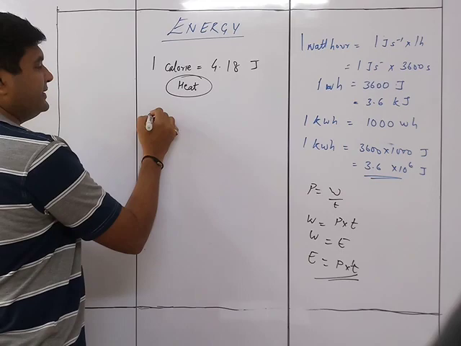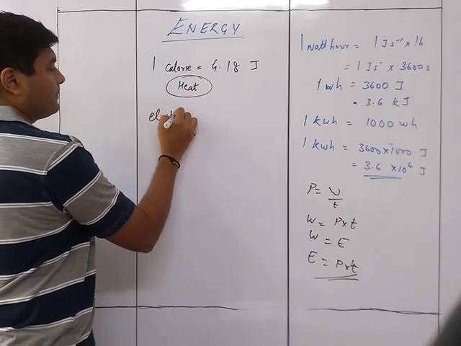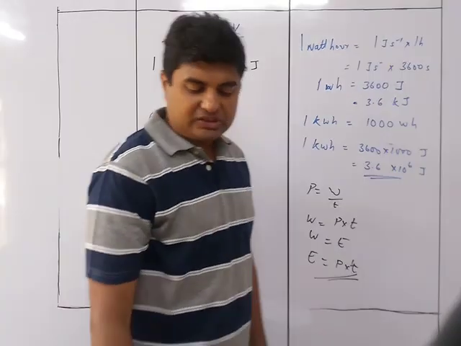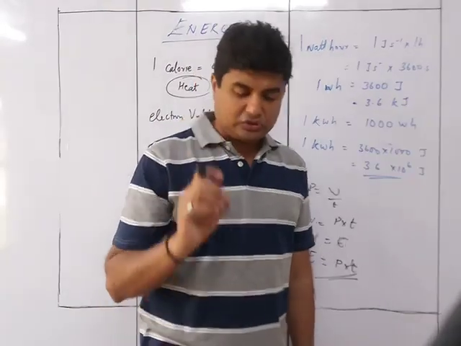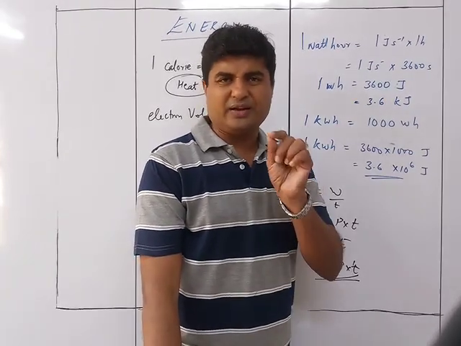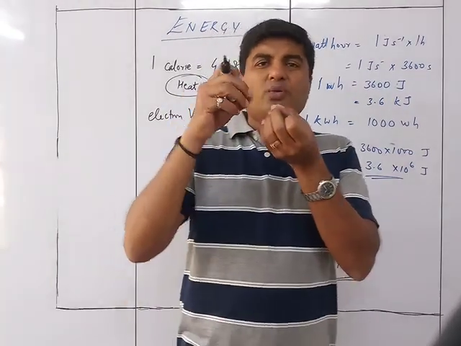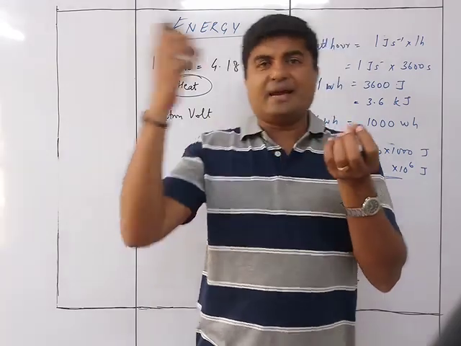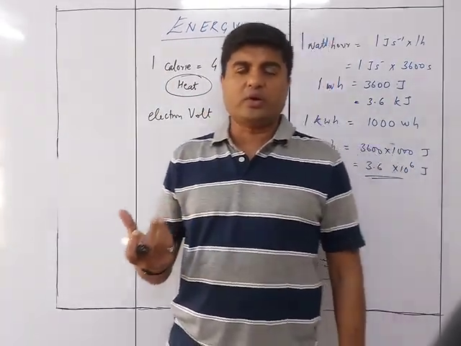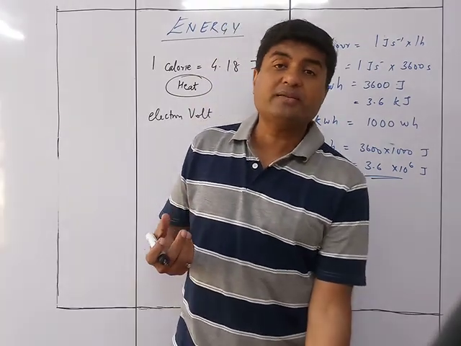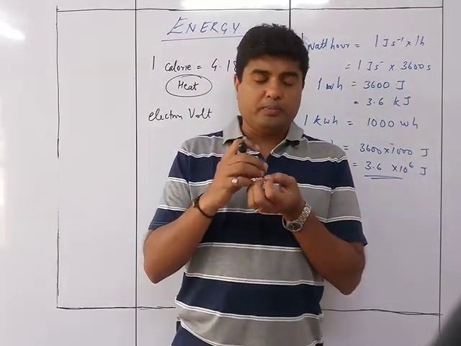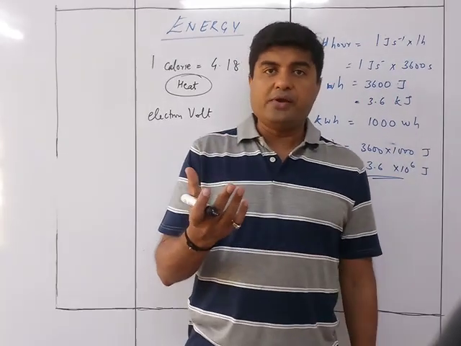The other one is the electron volt. The energy of atomic particles is very small, so it is measured in electron volt. Think of ionization potential, how much energy an atom gives out or takes in, or the energy that gives rise to the splitting of electrons or of the nucleus due to radioactivity.